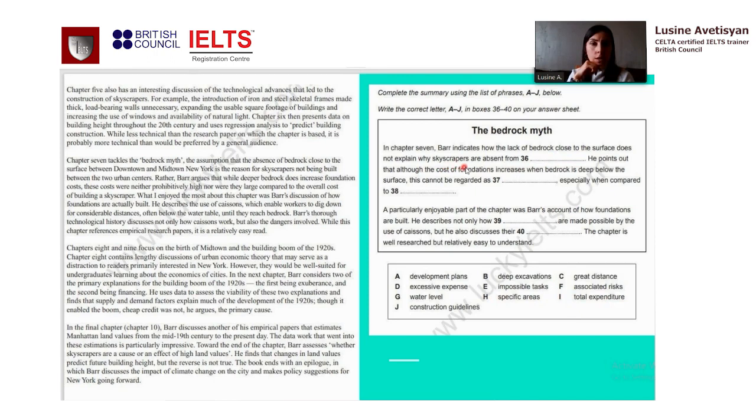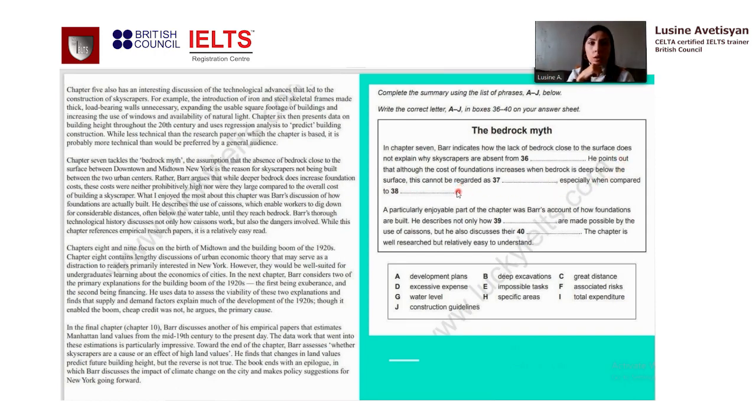Surface does not explain why skyscrapers are absent from specific areas. He points out that although the cost of foundations increases, the money goes high when bedrock is deep below the surface. This cannot be regarded as something, especially when compared to another thing.